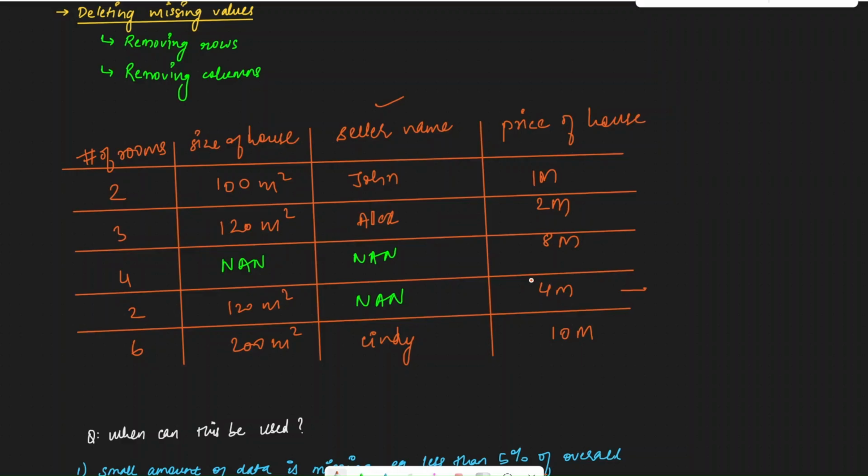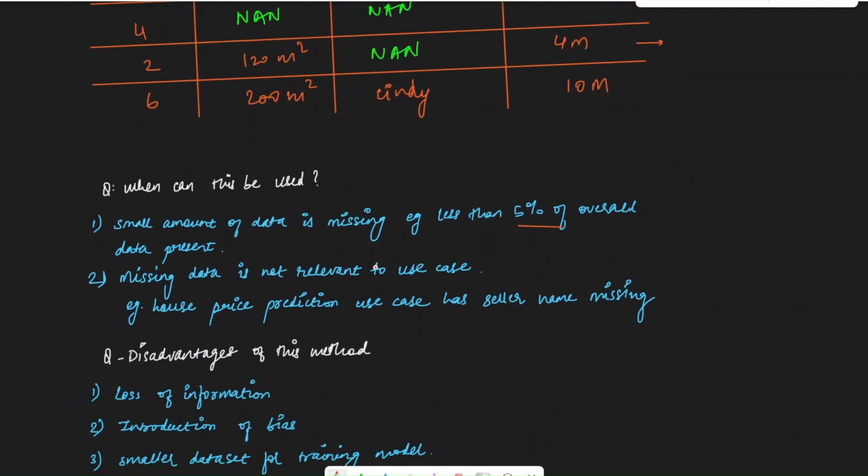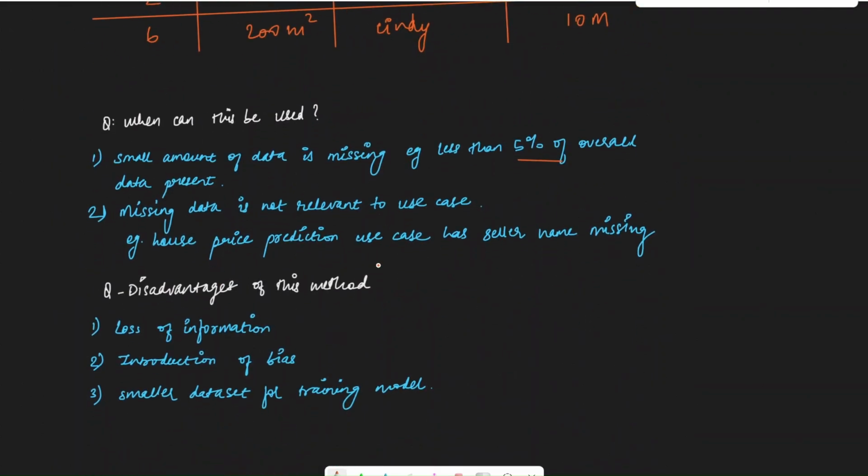We are removing this information, so we might be introducing some kind of bias in the data. And the third is that we are reducing the size of the data set for training purposes, because again, we are removing rows or columns. So this method is not recommended unless you have missing data in a column that is not relevant to the use case. Then we just directly remove it.